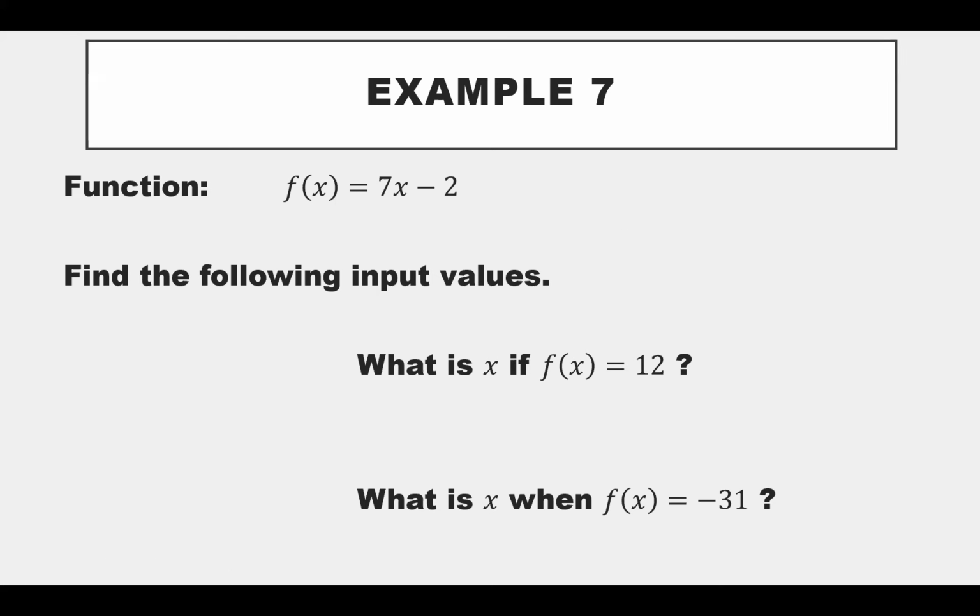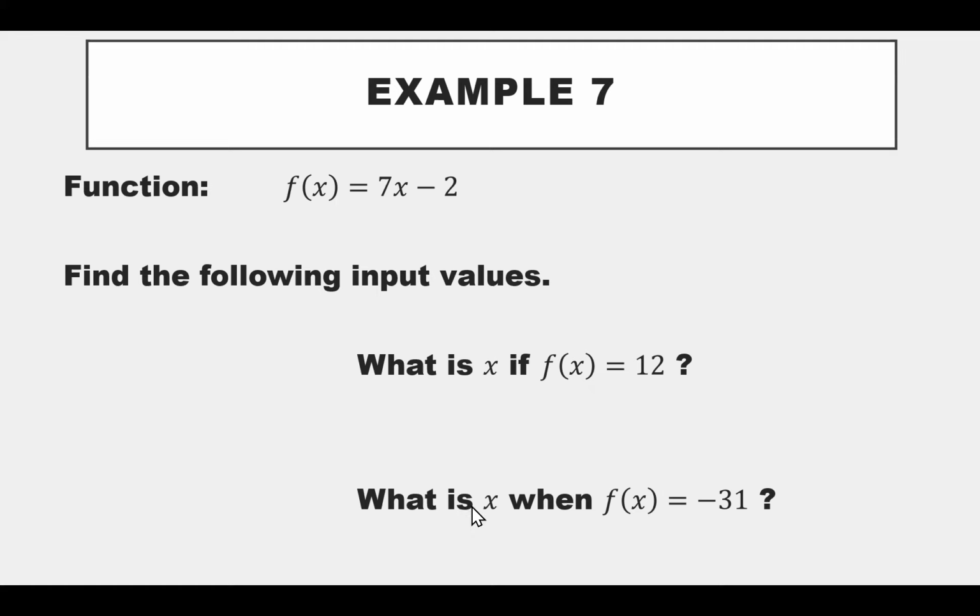Now we can do the reverse as well. So we can take my original function notation f of x equals 7x minus 2, and we can find input values which give us specific output values. You can phrase this in a couple of different ways. You can say, what is x if f of x equals 12?